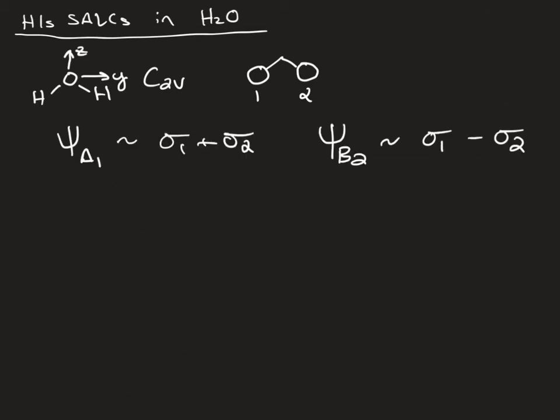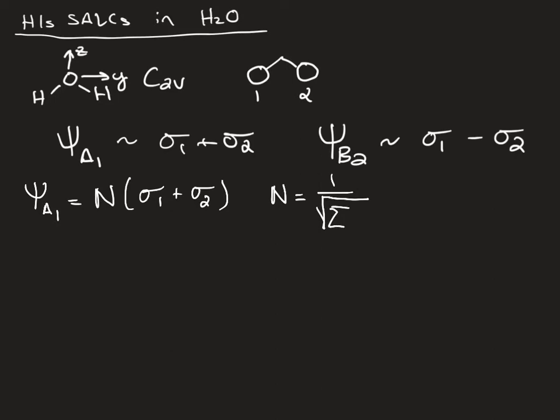We now need to go through and normalize these wave functions. So what we're going to be doing is putting a normalization coefficient in front of these. The normalization coefficient is equal to 1 over the square root of the sum of the individual atomic orbital coefficients, C_i squared.